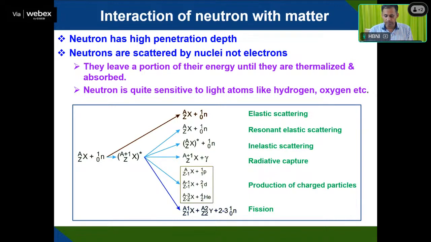With the neutron, different types of scattering are possible. There is elastic scattering, or inelastic scattering that can go to an excited state, or a radiative process where gamma ray emission is possible. One mass unit, the neutron mass, can be added, and you can get A plus 1, or it can be a radiative capture producing gamma rays.